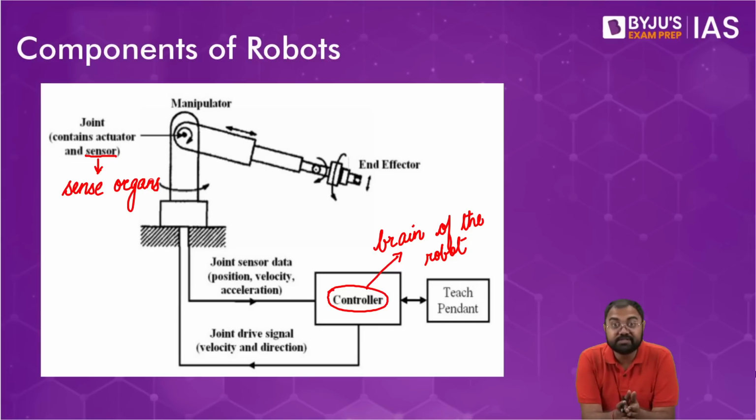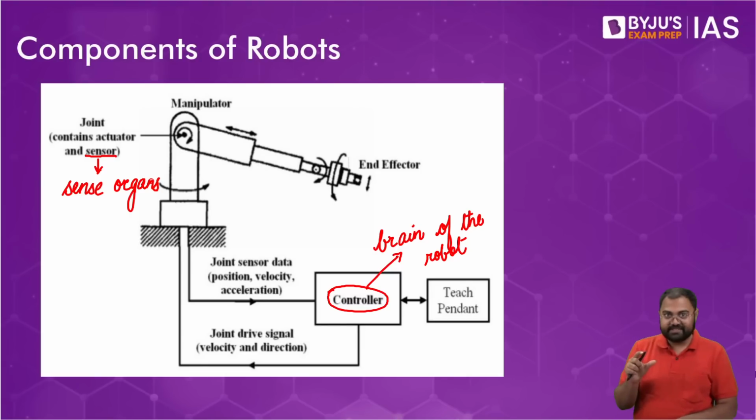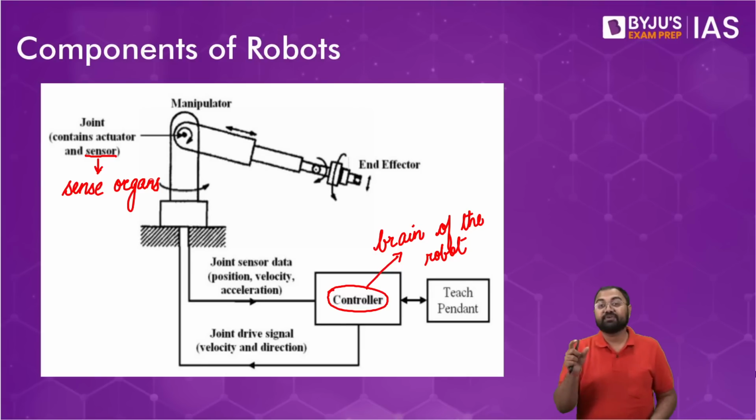What is the role of the sense organs? That they are in contact with the external world. Correct. Eyes, ears, nose, tongue, skin, these are in contact with the outside world, and that's why they gather information about the outside world, and they pass the information to the brain, and the brain will take a decision based on the information received from these sense organs. Similarly, you have the sensors, and the sensors will also have a very similar role.